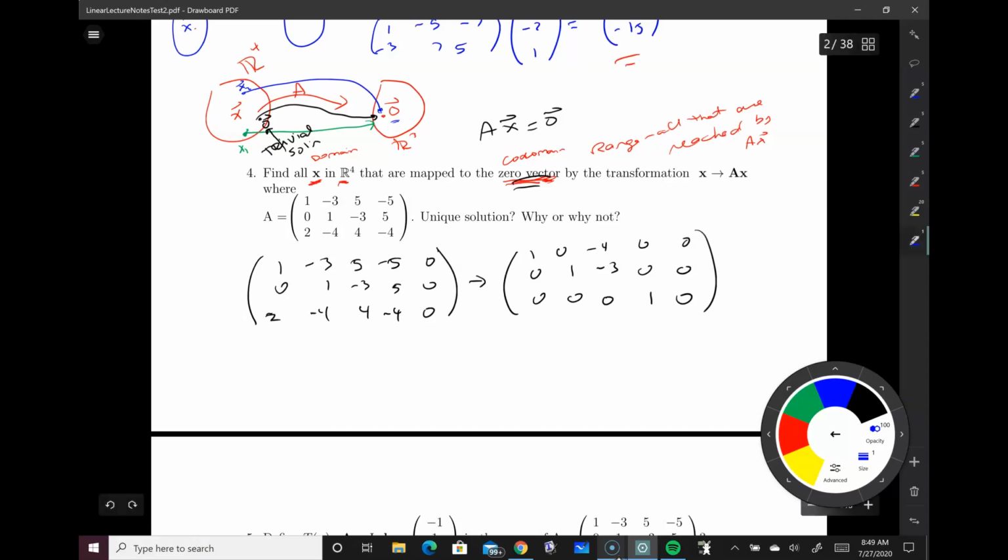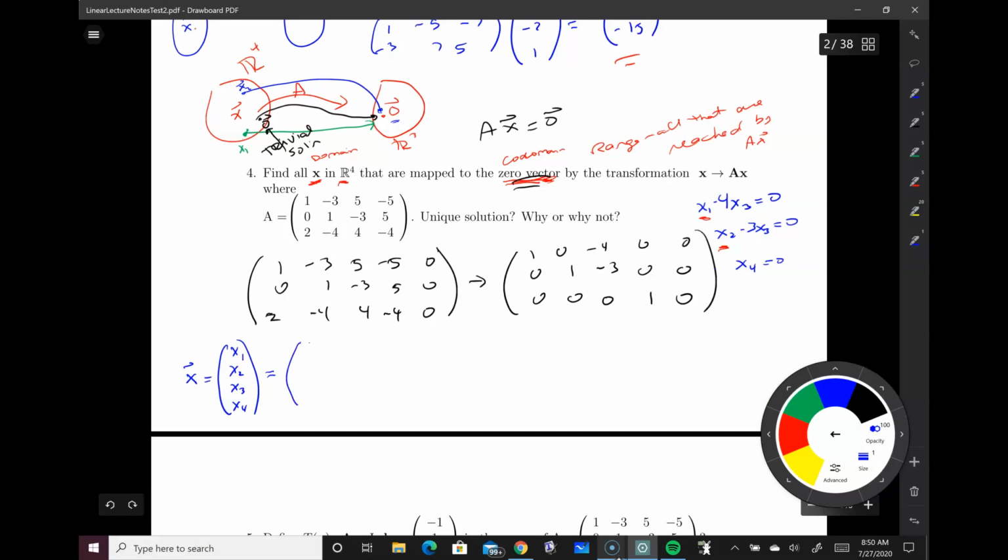Okay, so this first row means x sub 1 minus 4x sub 3 equals 0. The second row here means x sub 2 minus 3x sub 3 equals 0. And the last row means x sub 4 equals 0. Okay, crucial step. Write out x1, x2, x3, x4. Write out all of those so then you can start substituting in what you know. Remember, you're solving for your basic variables. I'm going to skip the step of writing it and just put it in.